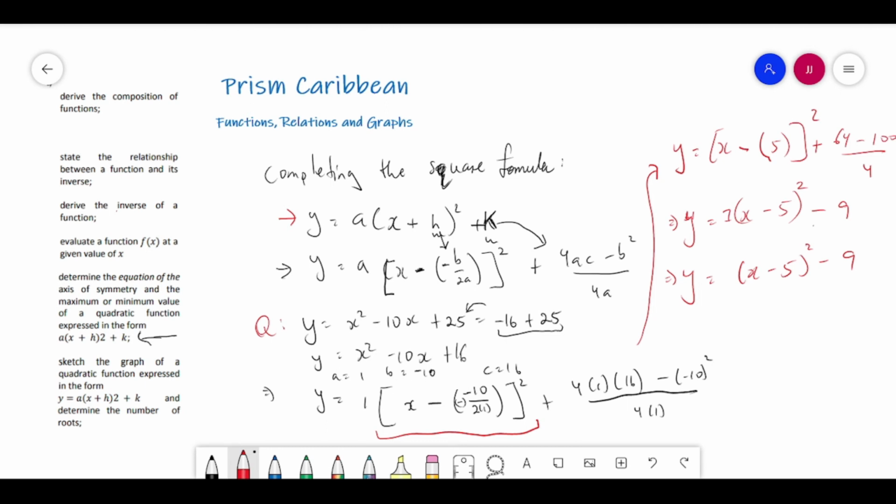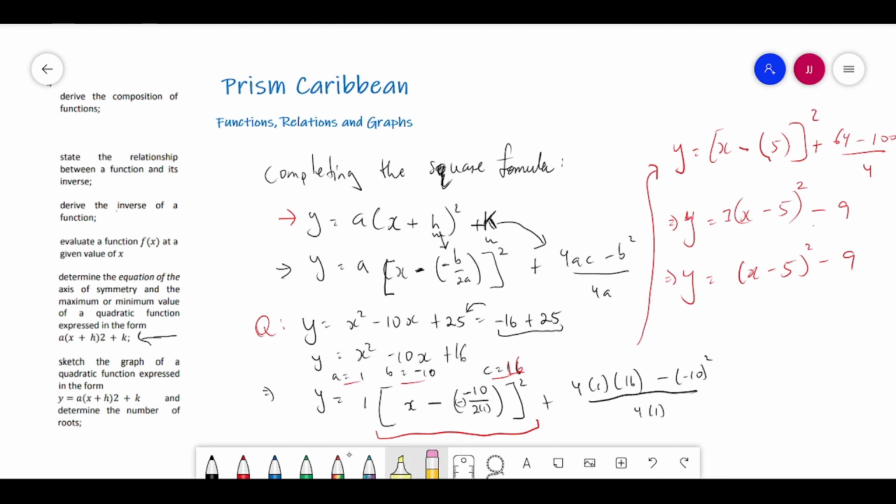So we do that, and then we simplify by putting in all the variables. A is equal to 1, b is equal to negative 10, c is equal to positive 16. And we input it in the formula, and you will have y is equal to x minus 5 all square minus 9. And that's it.